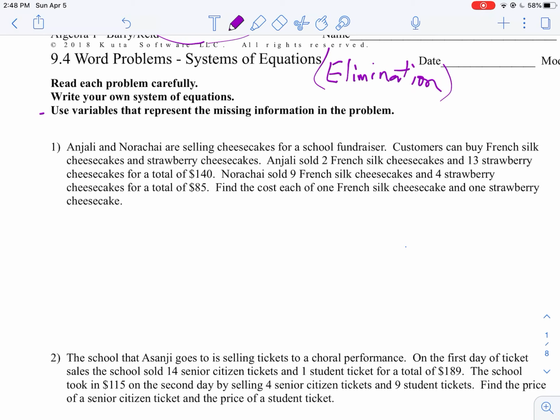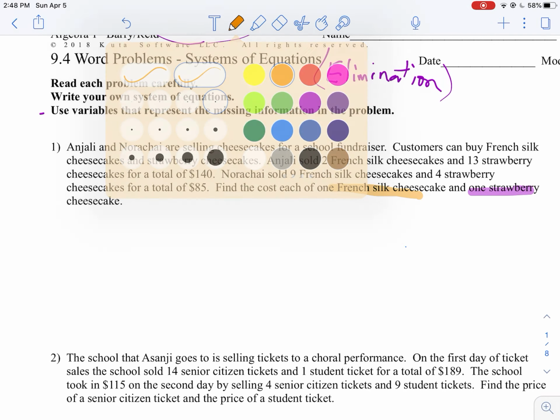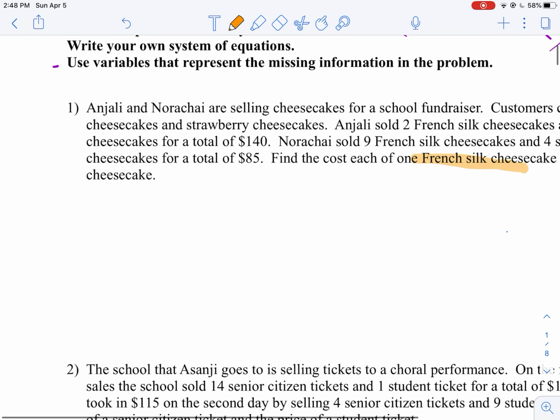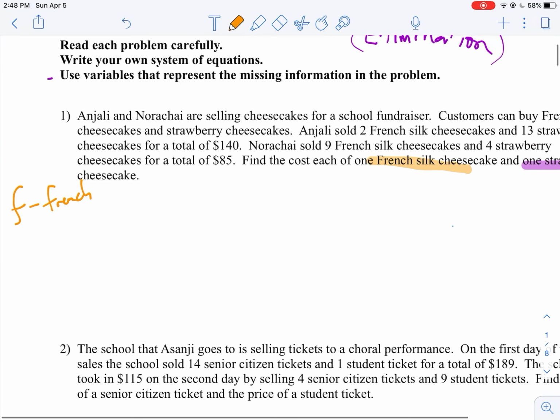Okay, so when we set these up, we need to have 2 variables. Our first is going to be the cost of French silk, and the second is going to be the cost of the strawberry cheesecake. So over here on the left-hand side, I am going to choose my variables. I am going to choose, quite obvious, F for French silk, and I'm going to choose S for strawberry.